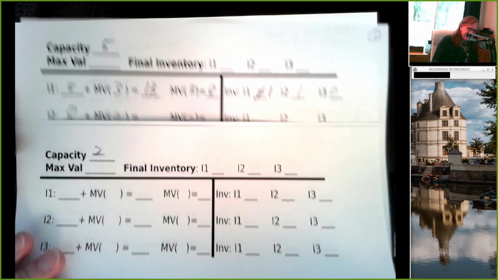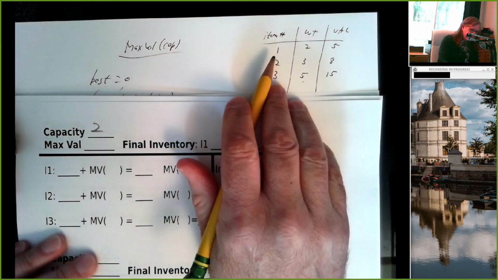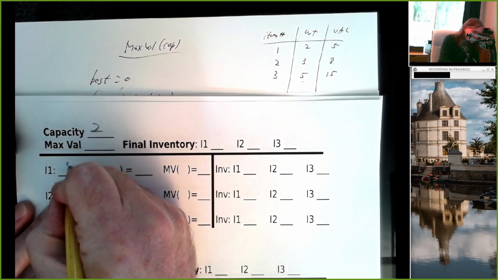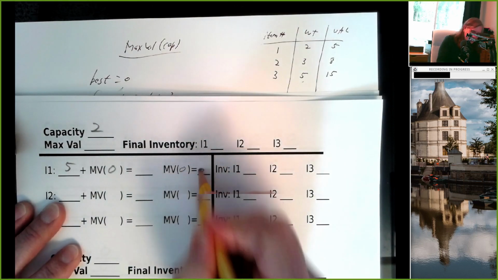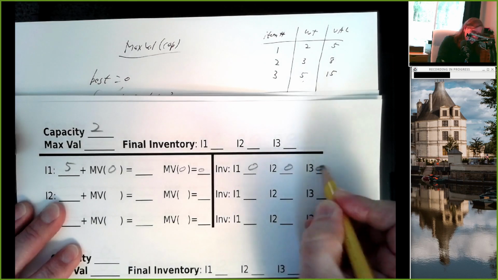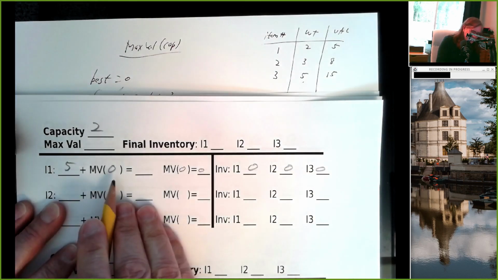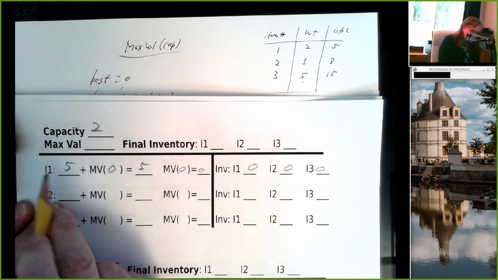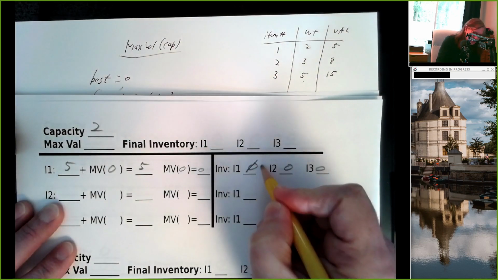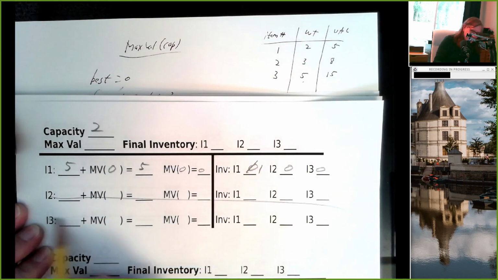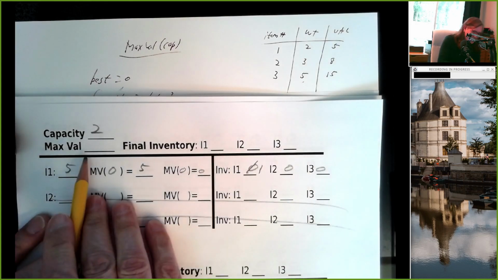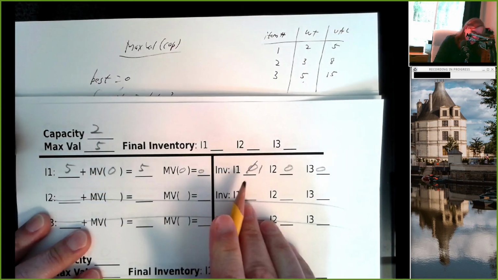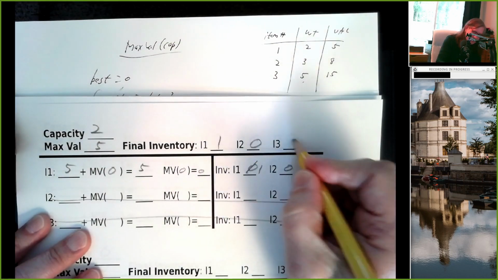So if the capacity of our bag is 2, well, we can put in one of item 1, which gets us $5 plus maxval of 0. And maxval of 0 we already calculated was 0. There's the inventory. So 5 plus 0 is 5. And we have to add one of item 1, so this becomes a 1. Item 2 and 3 don't fit, so we don't even calculate those. So our maxval will be 5, and our inventory will be 1, 0, 0.